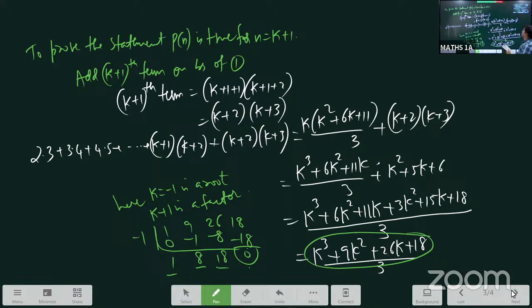Is it clear? So that is k plus 2 into k plus 3. Then simplification. Whenever you get a cubic equation, you are going to simplify by doing synthetic division. Before that, first you are going to find one factor, k equal to minus 1.